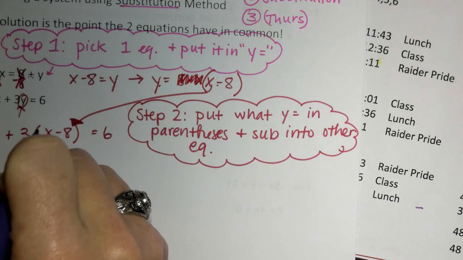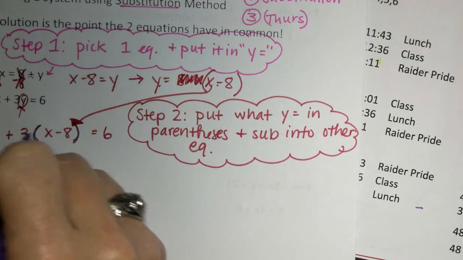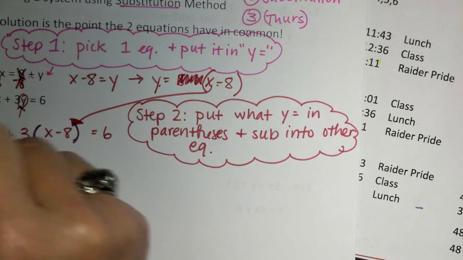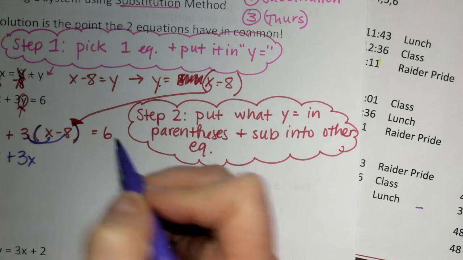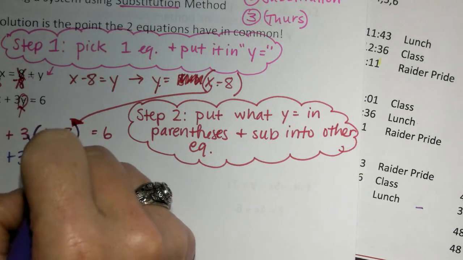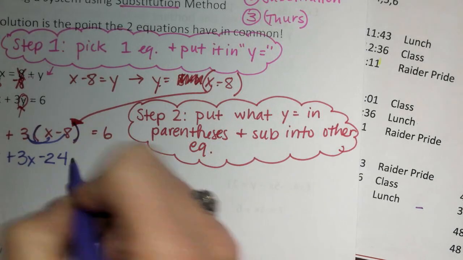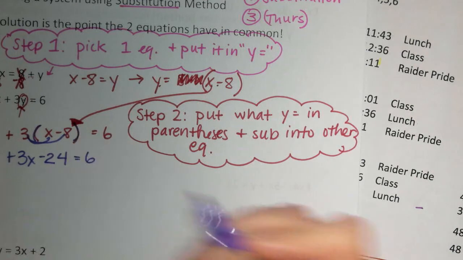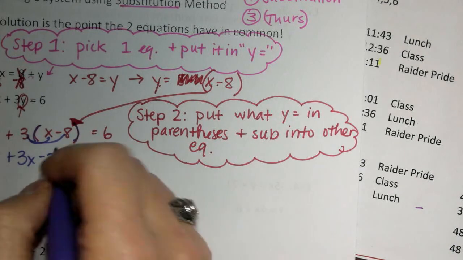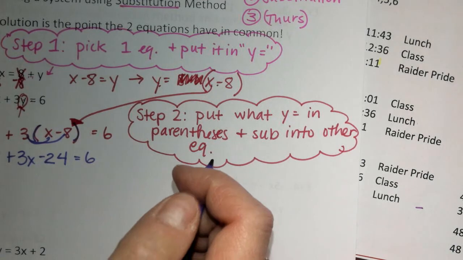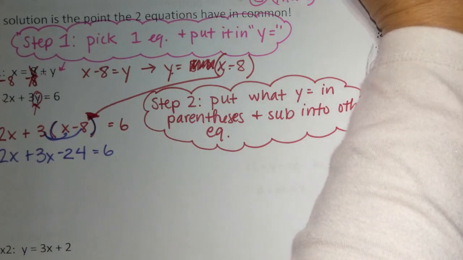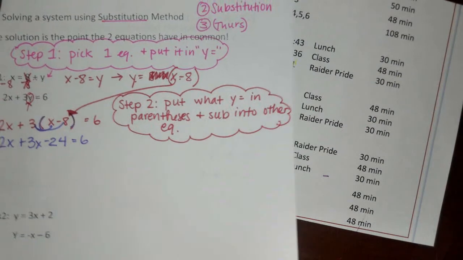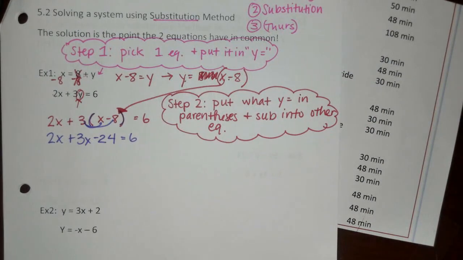So every time you see parentheses, you do that first. So 2x plus 3 times x is 3x. 3 times negative 8 is negative 24. And then equals 6. So all we just did there is just distribute. Zoom out a little bit so you guys can see all of my writing.